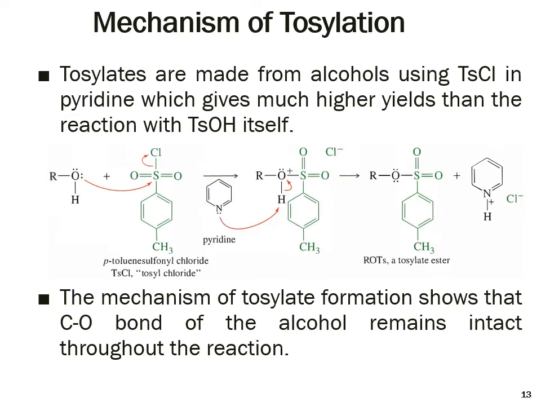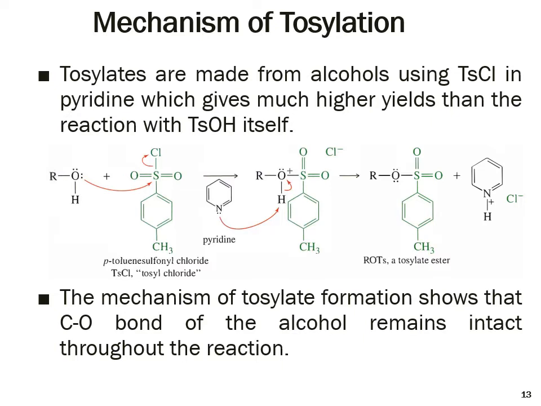When the alcohol gets attached to it, the mechanism is not that simple, like simply this H and this Cl is removed. So actually the pyridine attacks on this hydrogen and picks it up from this molecule, and it gets positively charged, which in turn takes up the chloride ion with it, which is negatively charged.